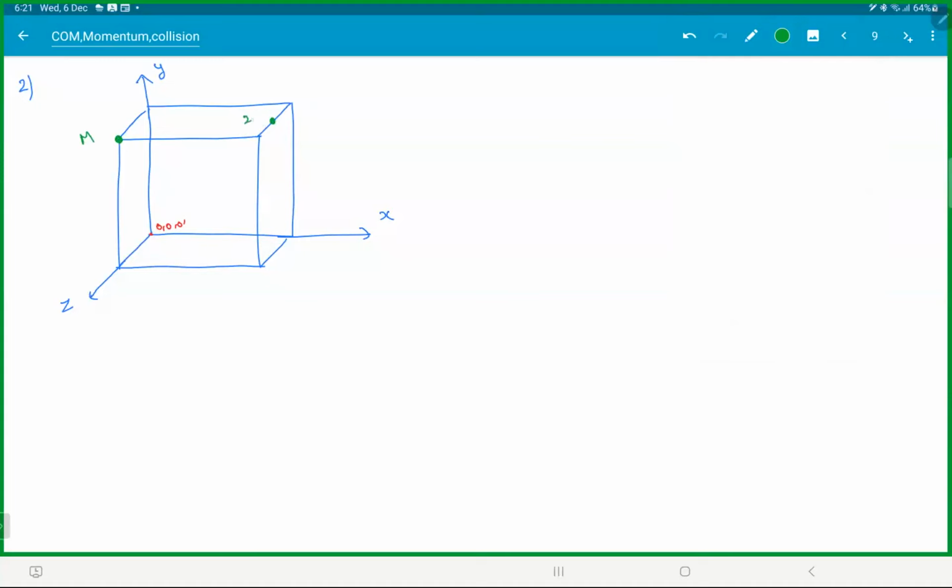Let this be mass 2m. These two sides are equal, so midpoint of that. Here is 3m. Again, it's equal here. And here 4m, equal here. Find the center of mass of the system. So there are four particles m, 2m, 3m, 4m on a cube of side a.